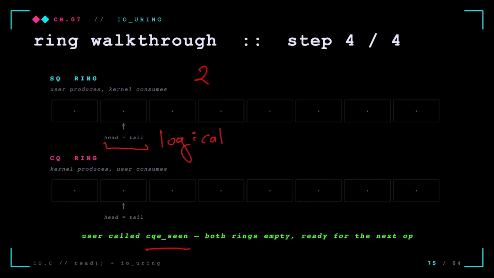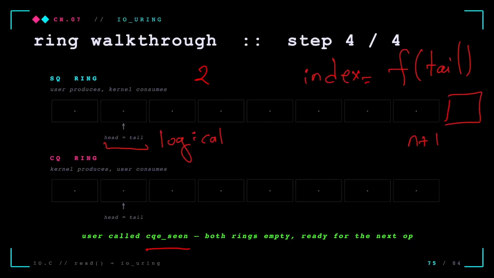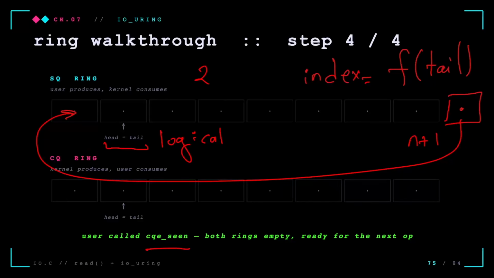Which means at some point we need a function that, given a tail, gives us the index in the array, so that we can wrap around. So we know that when we're at n+1, the actual physical position is 0 for a logical position of n+1.